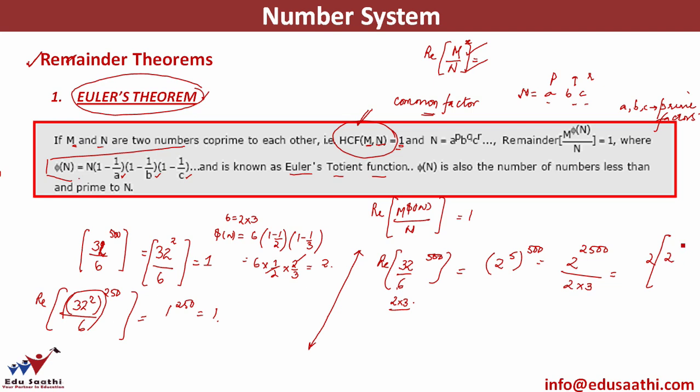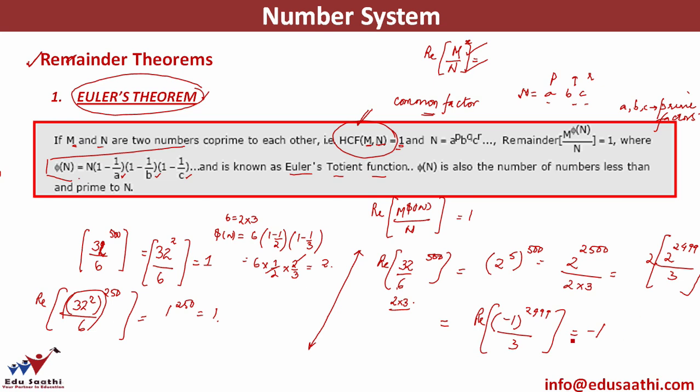2 raised to power 2499 divided by 3. Now, if I look at it, every 2 when divided by 3 gives a remainder of plus 2, or now I'm going to write it as minus 1. Minus 1 would be repeated 2499 times. When divided by 3, it will give me a remainder of minus 1.